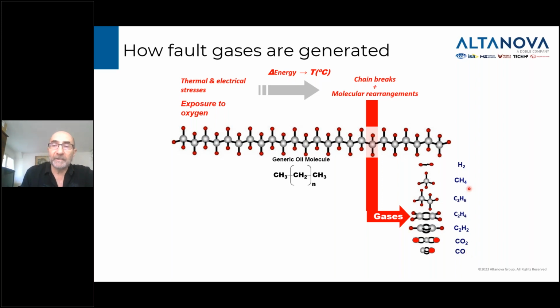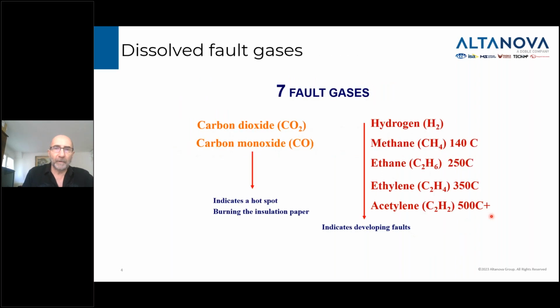Now, the other gases that we're looking at in the DGA, the methane, the ethane, the ethylene, and especially the acetylene, are normally not created in the normal operation of a transformer. Those gases are created when you have a thermal or an electrical fault that starts developing.